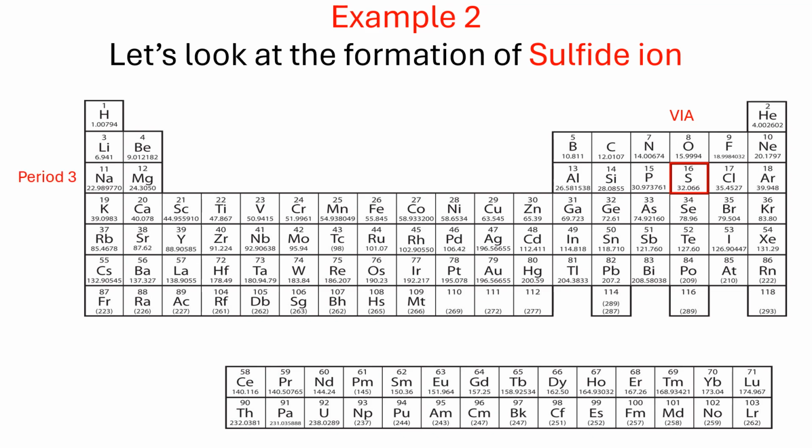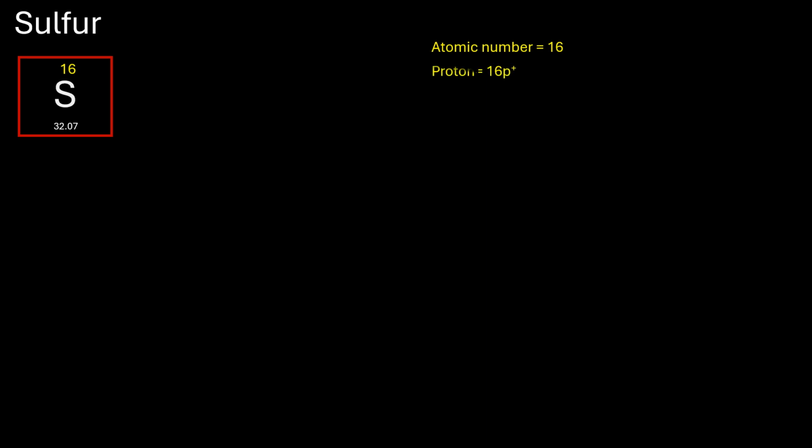Sulfur is in period 3, so we're going to have 3 energy levels where we place the electrons. The atomic number of sulfur is 16. The number of protons is the same as the atomic number, which is 16 as well. The number of electrons in neutral sulfur is 16.